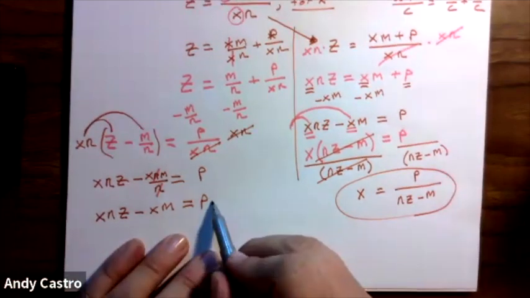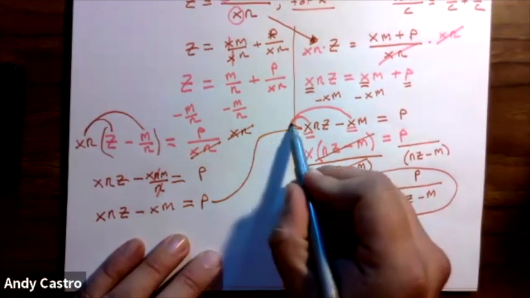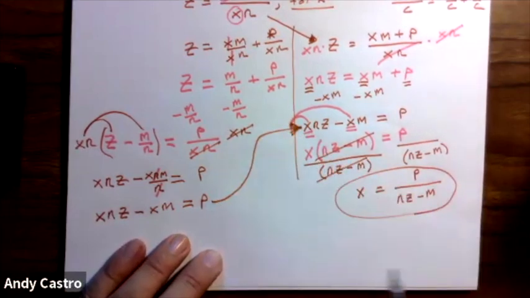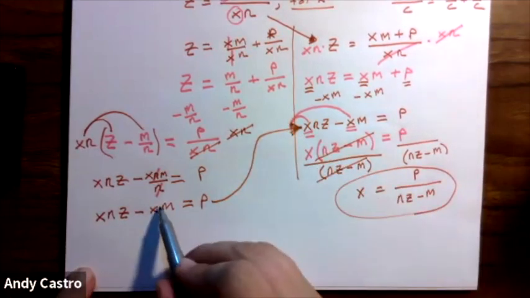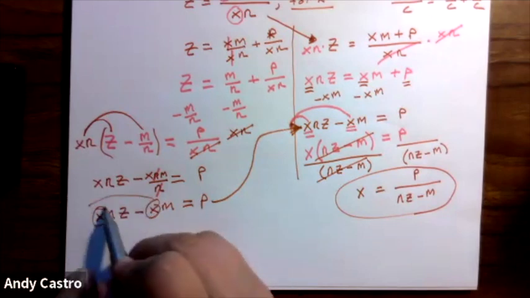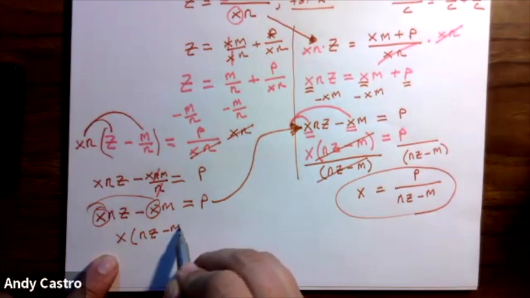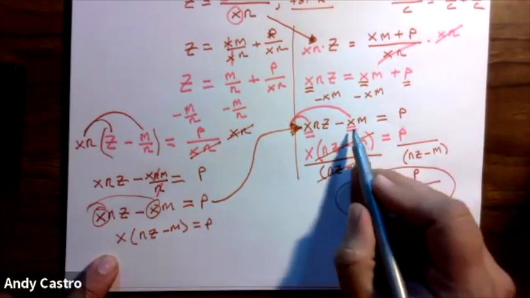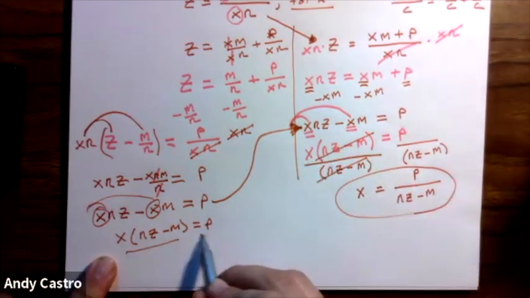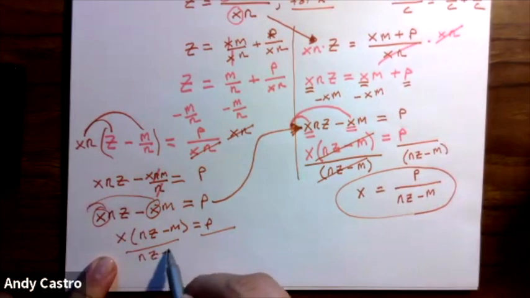And you'll notice that this is exactly the same thing that I have here. And so effectively, we would do the same thing. We would factor out the x, just like we did here, and then divide both sides by nz minus m.